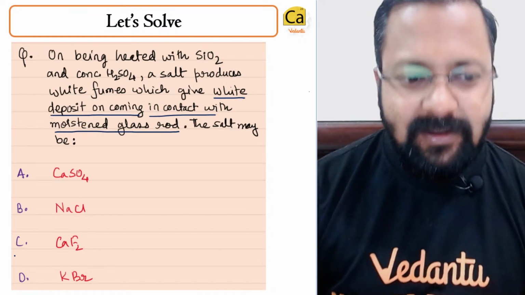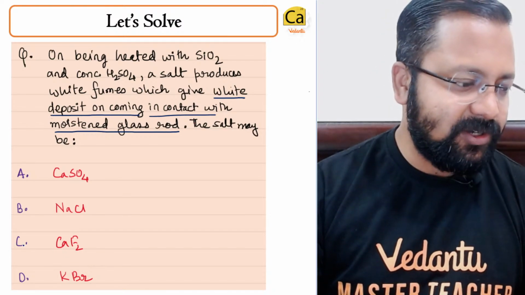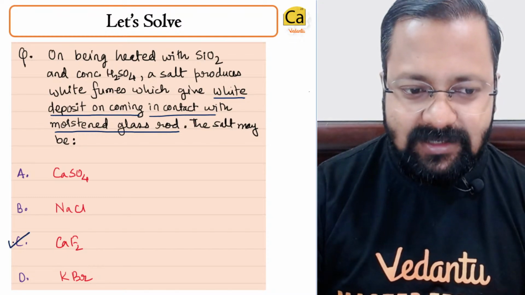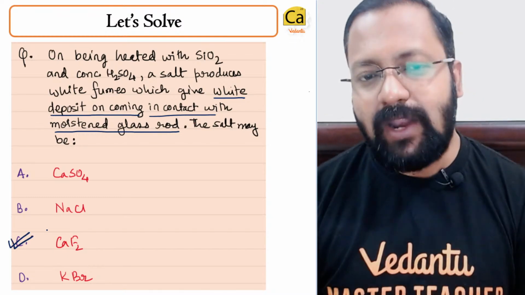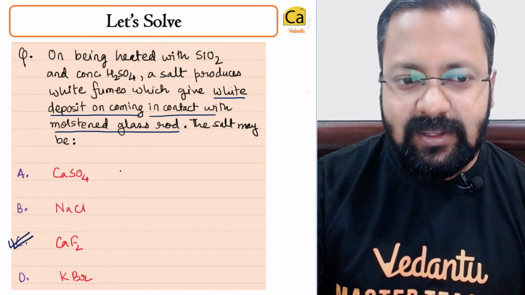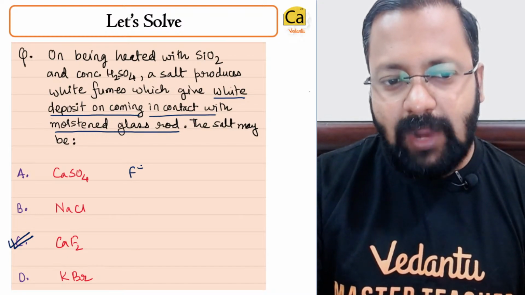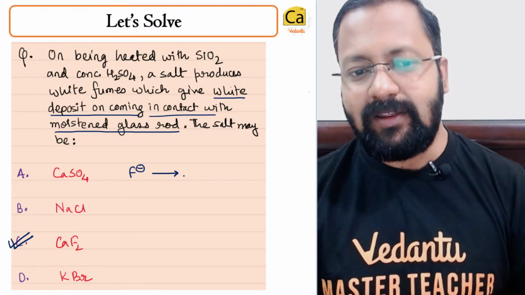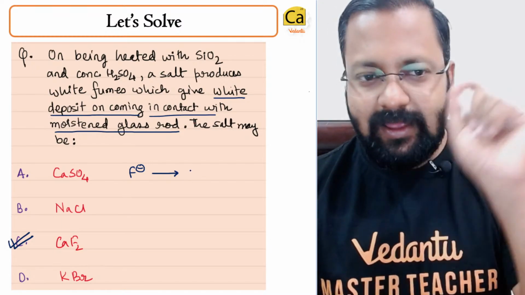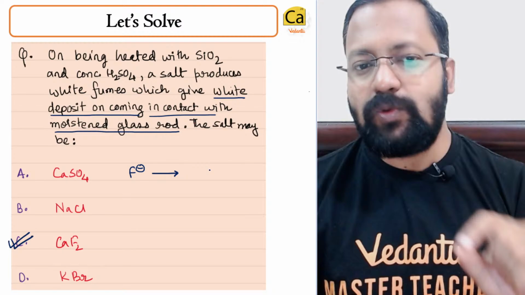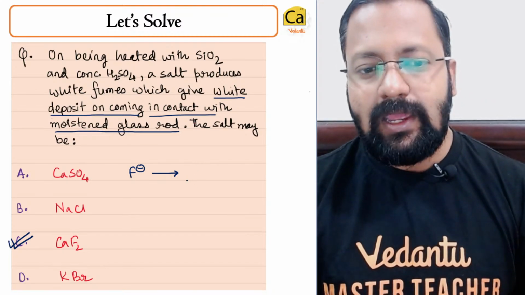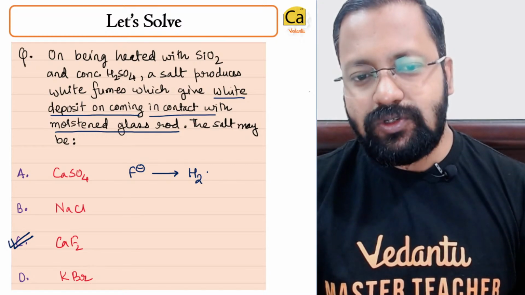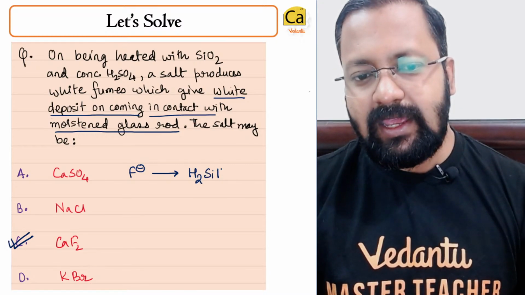The right answer, very good. Some people have given Akanksha, Shyam, they've given the right answer. The right answer is calcium fluoride, because as we had discussed earlier, fluoride on reaction with concentrated H2SO4 in presence of SiO2 produces H2SiF6.